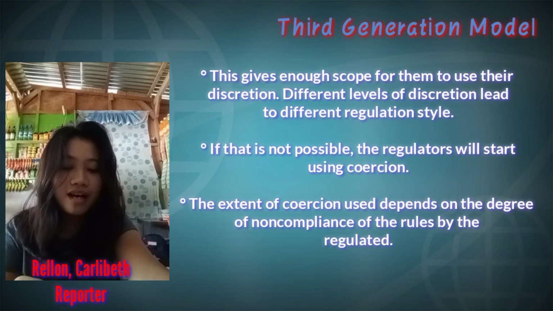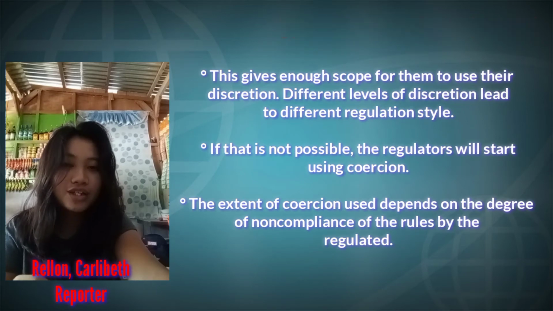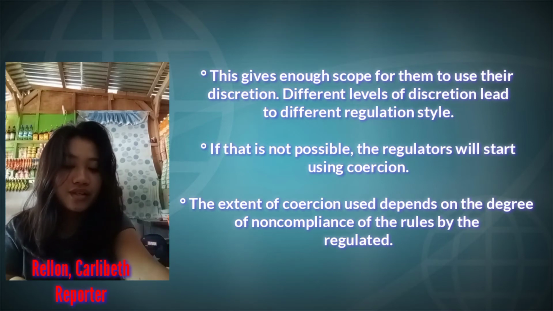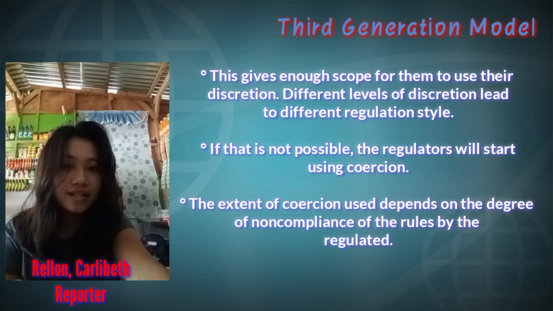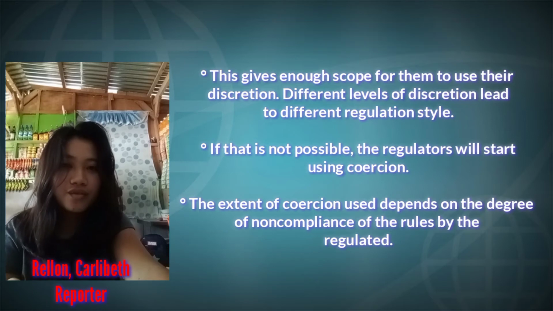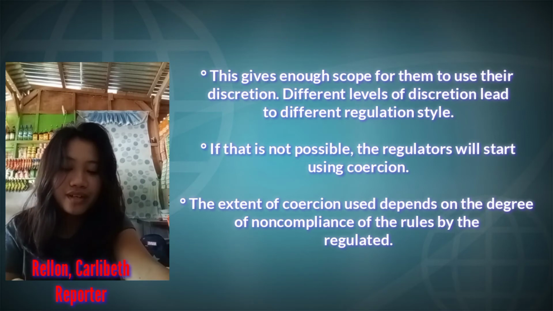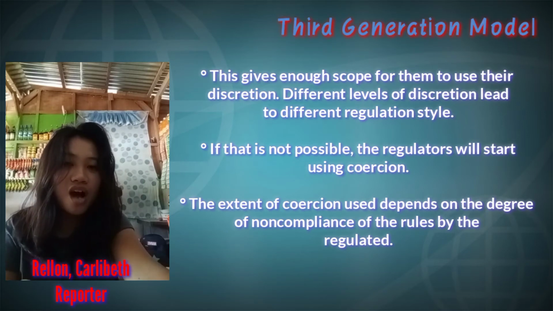Different levels of discretion lead to different regulation styles. For instance, regulators will use prosecution to make the regulated follow rules and regulations. If that is not possible, the regulators will start using coercion.